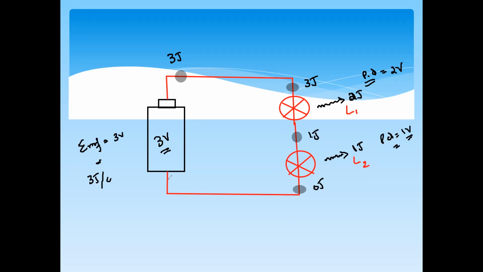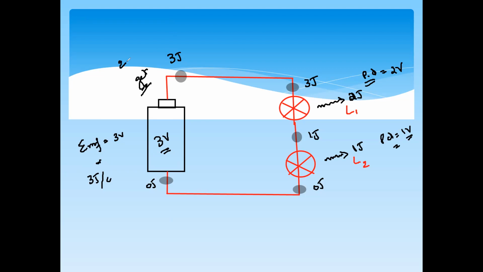And that charge will return to the battery with no energy to transfer to the component. So the energy which the charge gets, we call that EMF, and the energy which the charge transfers when it passes through the component, we call the potential difference.